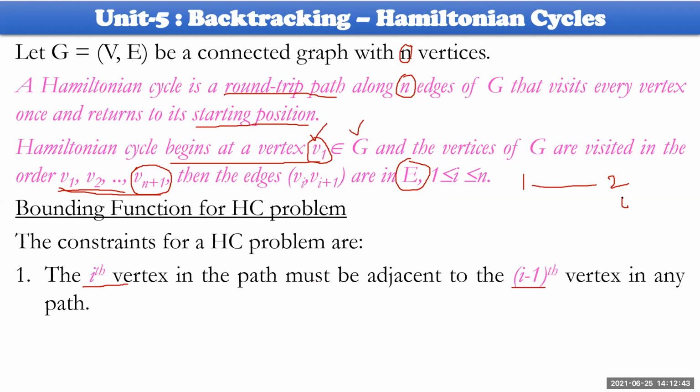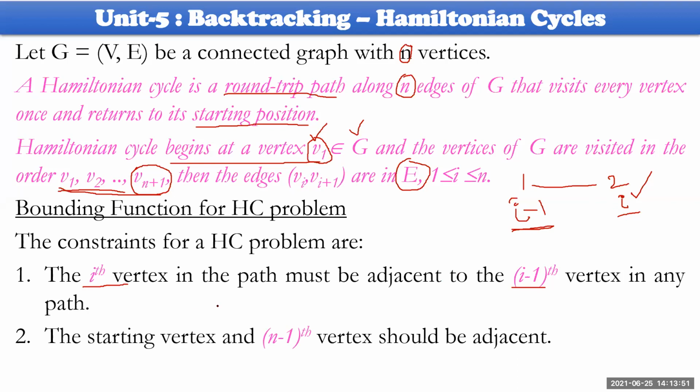Let me take this as the ith vertex. The already visited vertex is considered the i-1 vertex. So if we are visiting the ith vertex, the i-1 vertex must already be visited, and secondly they must be adjacent. So 2 must be adjacent to 1. This is the first constraint we have to take into consideration. Suppose we visited 1, and since there is an edge, we went to 2. Now in these conditions the ith vertex is 2, and the i-1 vertex is the vertex visited just before, that is 1. So the ith vertex must be an adjacent vertex of the i-1 vertex. Only then should we select that path. That is the first constraint we have to consider.